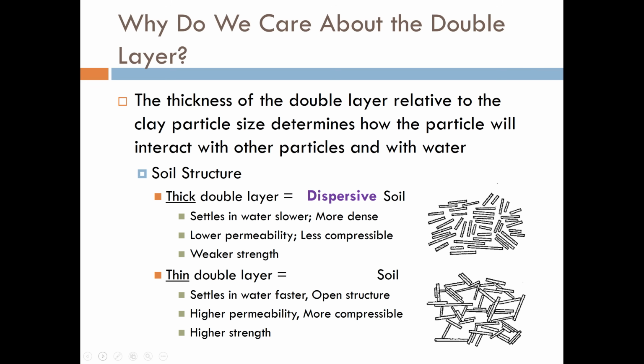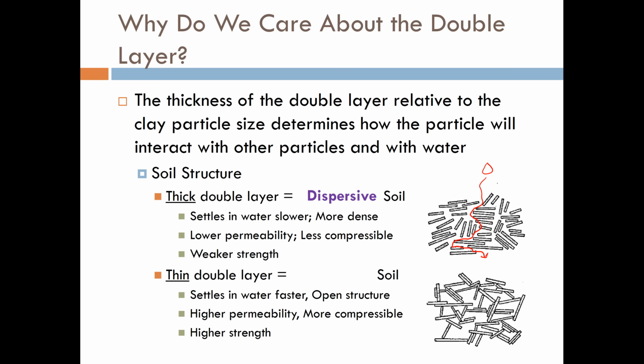They tend to be more dense and heavier. They tend to have really low permeability. Water has a hard time working its way through these double layers. It tends to get sucked into the double layer, and it can't really work its way through. They also tend to be less compressible, meaning they don't settle quite as much, but they do have substantially weaker shear strength.